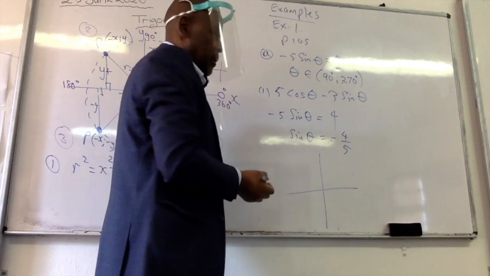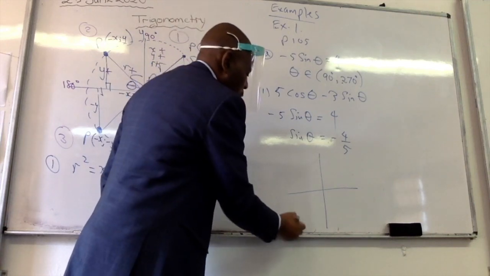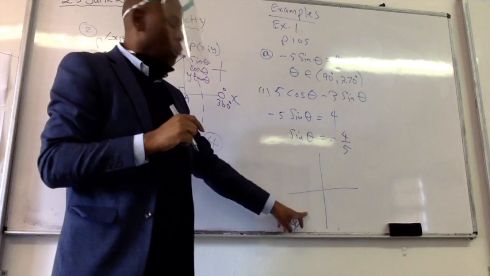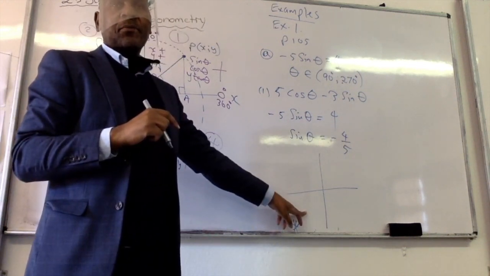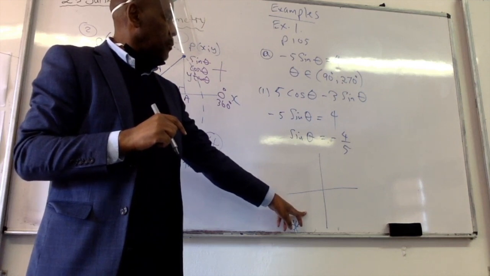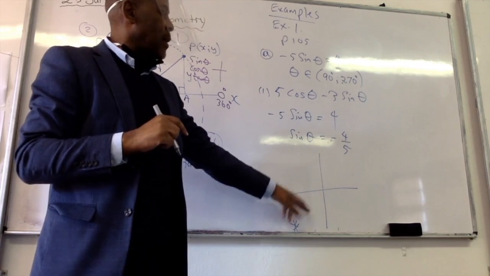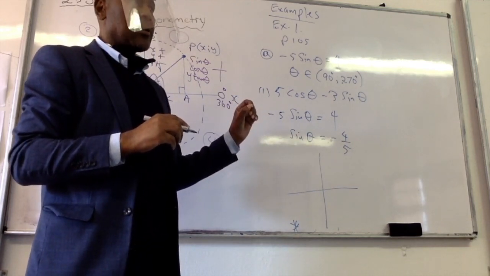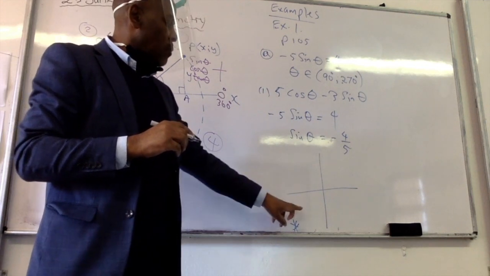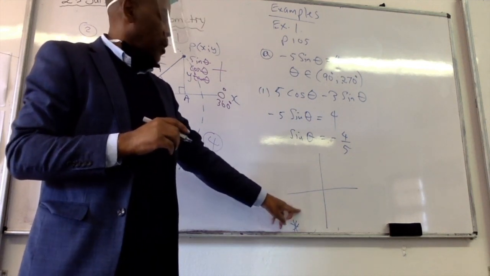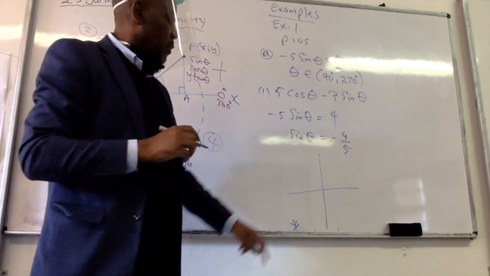So this is your third quadrant. We know that sine is negative there. Do you agree? We're given an interval, so it doesn't go into the fourth quadrant. We are told that theta should be between 90 degrees and 270 degrees, and this is the only place it can be so that sine of theta is negative. Okay, so we know it's here.